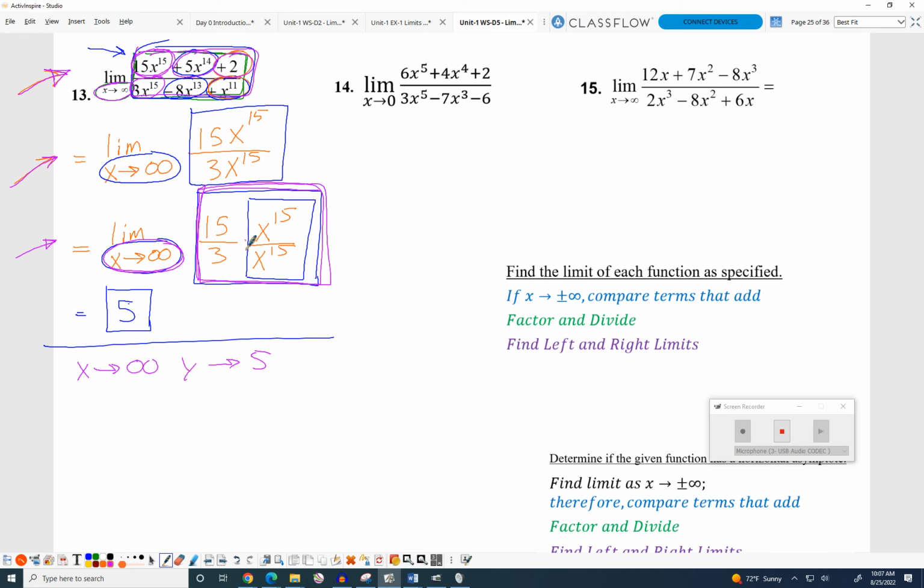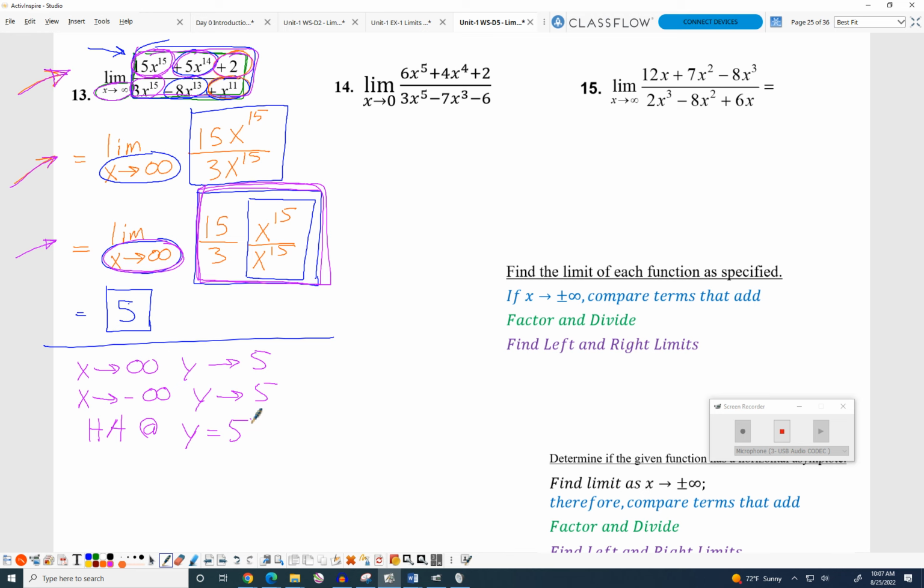So this would still equal 1, and I get the same result. With x approaching negative infinity, y would also approach 5. Therefore, I have a horizontal asymptote at y equal 5. Not x, but y. And that's all you need to do for this problem.